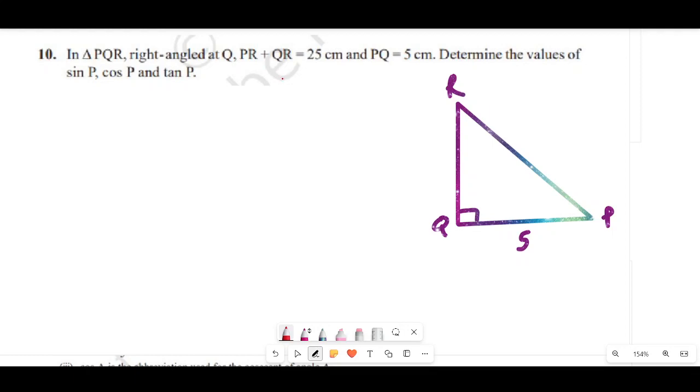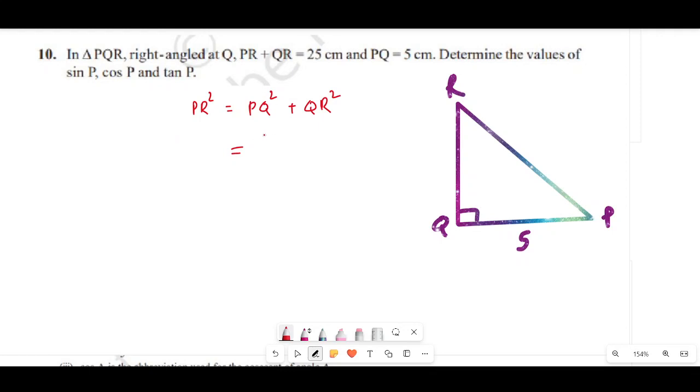So first we should solve it. PR square is equal to PQ square plus QR square. Clear?